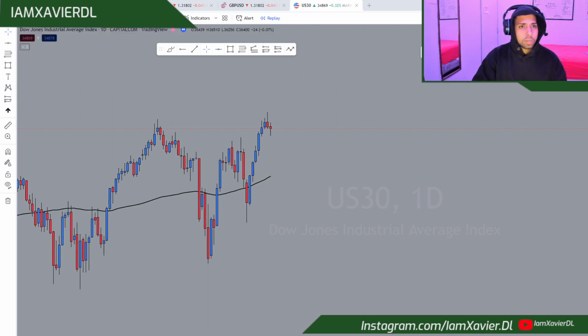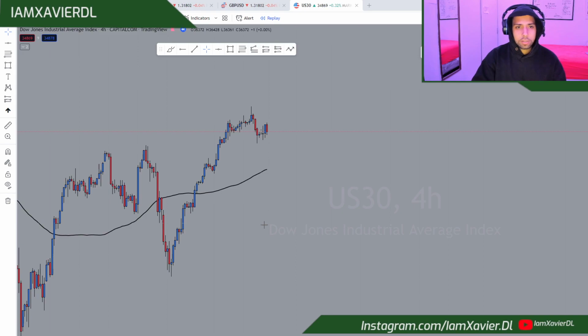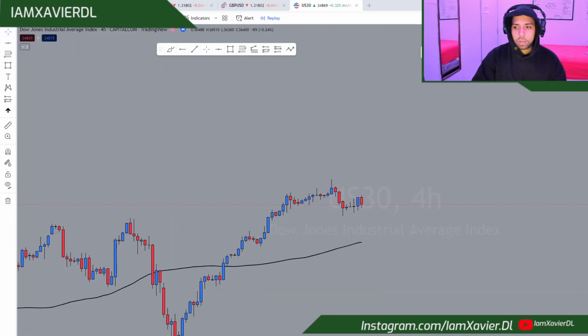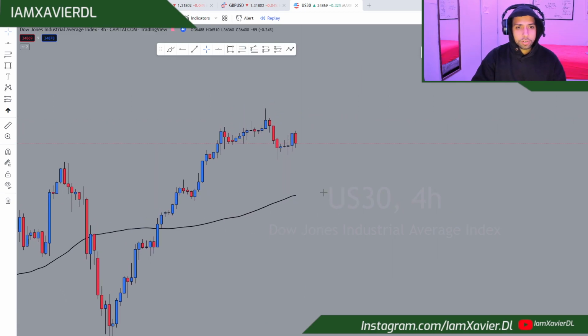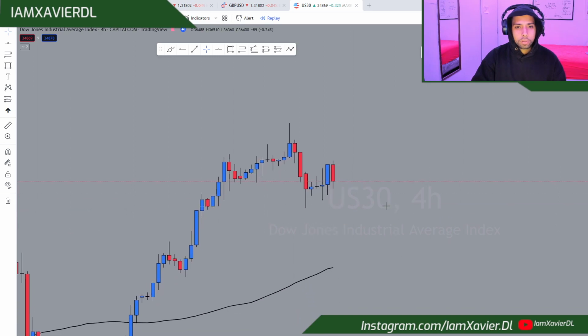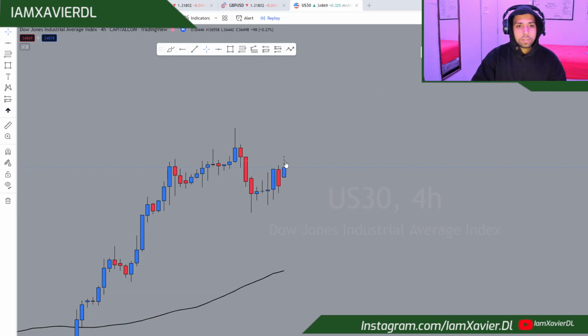I'm going to come down to the 4-hour chart now, just to give us that in-depth look at what's going on with US30. Doesn't matter if we zoom in a little bit more.